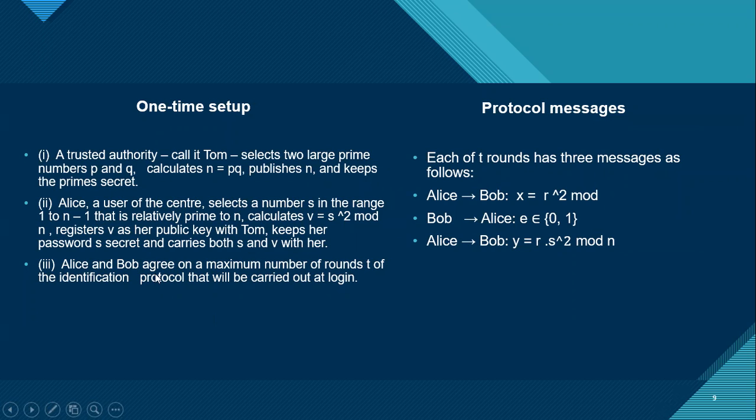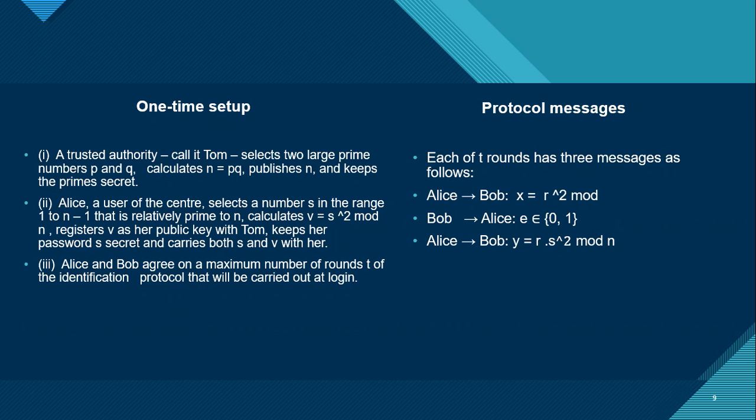Alice is a user of the center. She selects a number s in the range 1 to n minus 1 that is relatively prime to n, and calculates v equals s squared mod n. She registers v as her public key with Tom, keeps her password s secret, and carries both s and v with her.